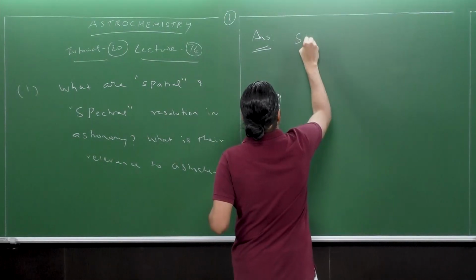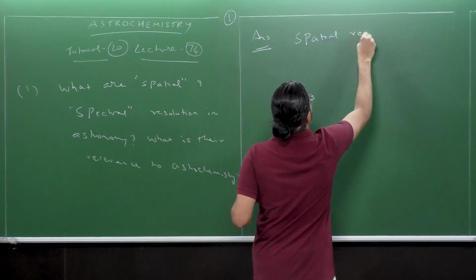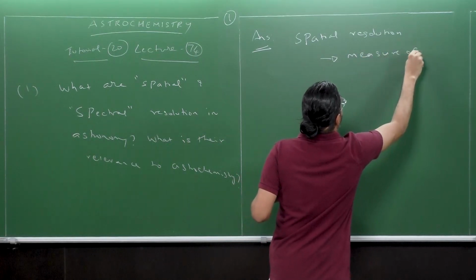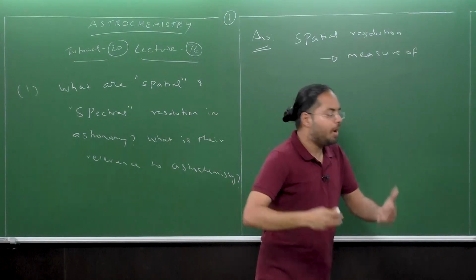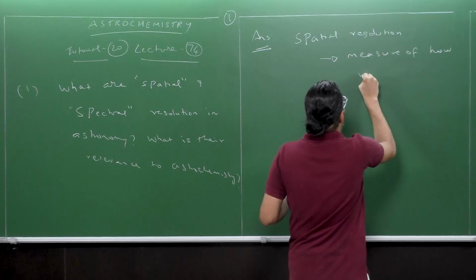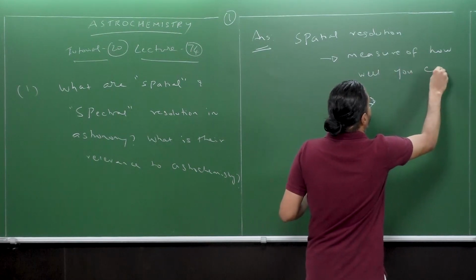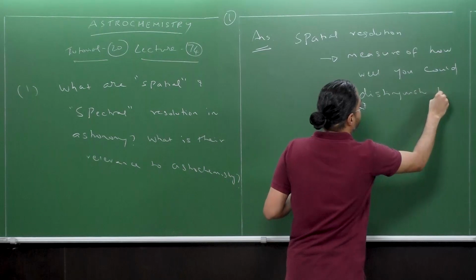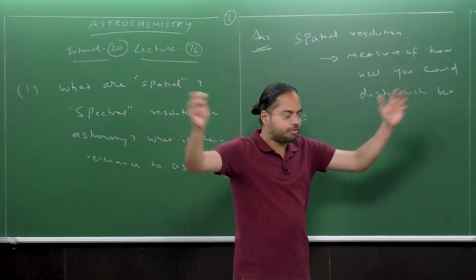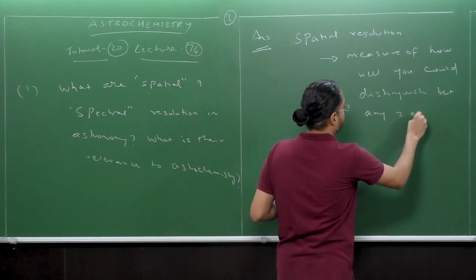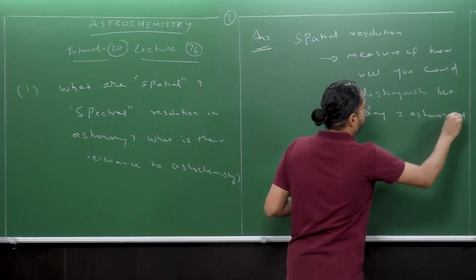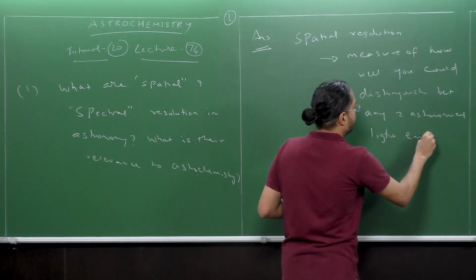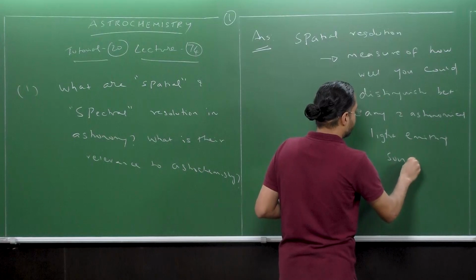So spatial resolution is a measure of how well you could distinguish between any two astronomical light emitting sources.